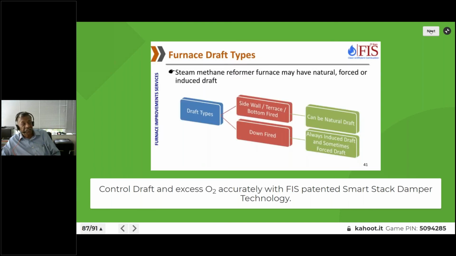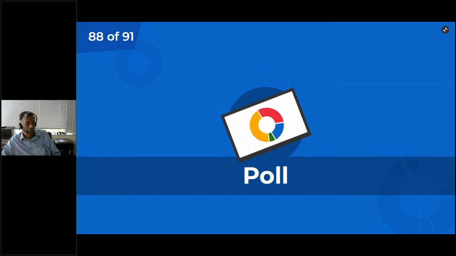So furnace draft, furnaces could be bottom induced draft or natural draft. And there are some furnaces which could be even balanced draft, down fired reformers. You can have air preheat, and then you have the forced draft firing and the induced draft. So we can have both types of furnaces, natural draft or balanced draft.